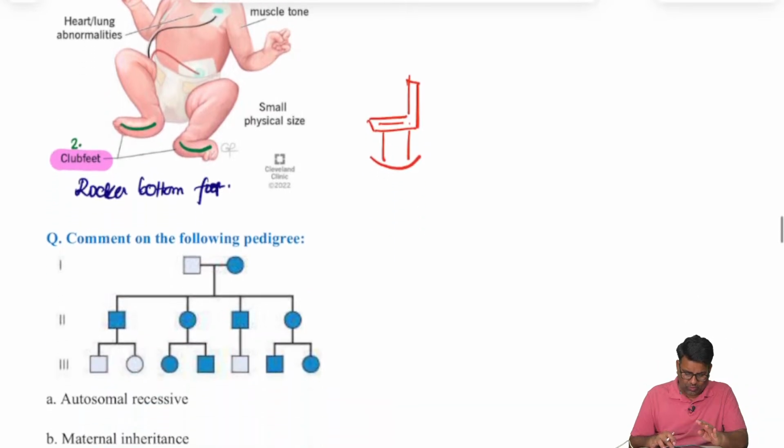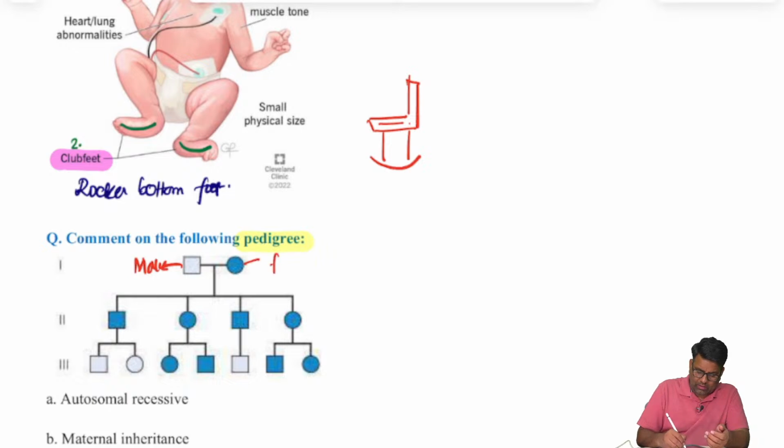Now, then there was one question about pedigree, and this pedigree segment is becoming important nowadays. In every exam, we see one or other pattern of inheritance which has been asked in the form of a pedigree image. So just make sure that you are well versed with these kinds of questions, right? Now, considering the pedigree given in this particular question, this is the male, right?